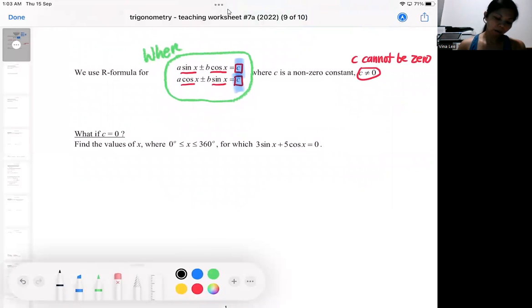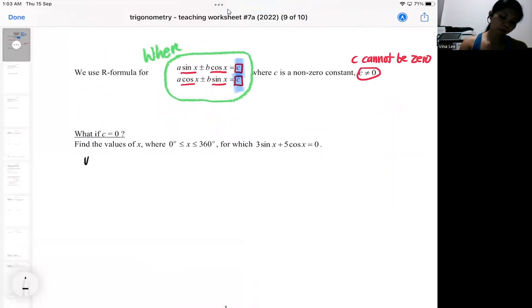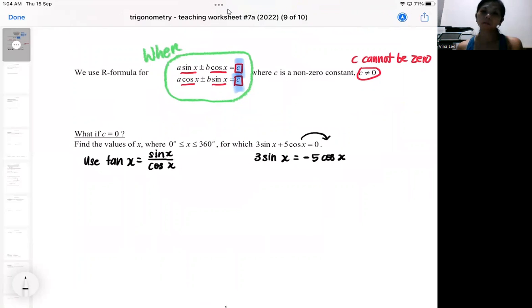The reason is that I can use tangent. I can use tangent to reduce sine and cosine into a single function. That can happen because I have a 0 that allows me to bring the function over, and then I can squeeze out a tangent by doing a divide.